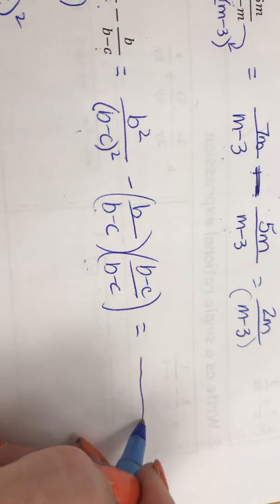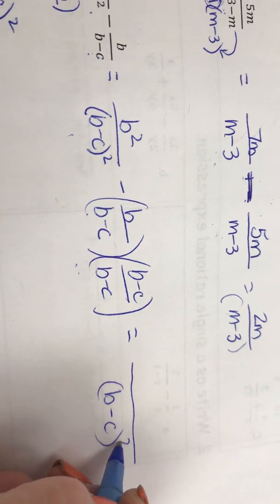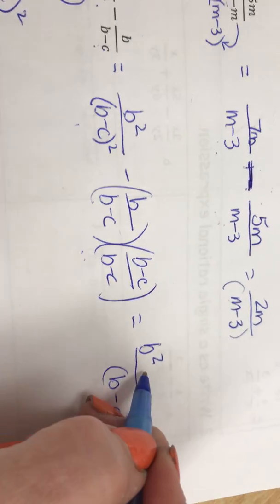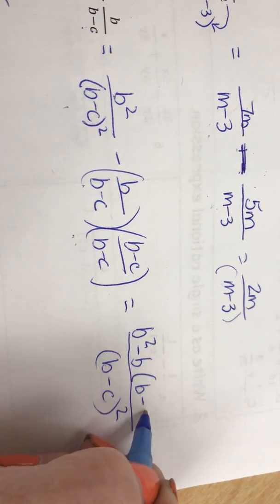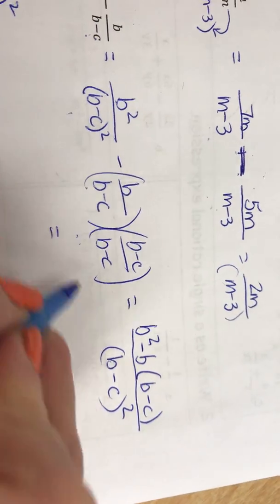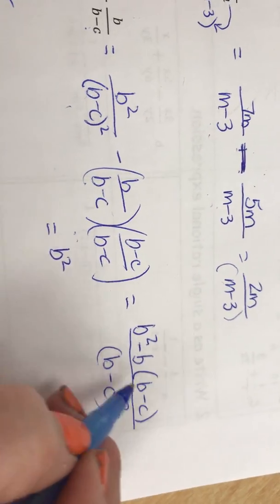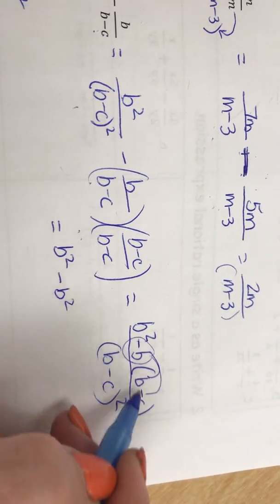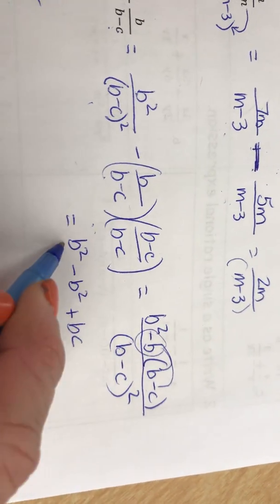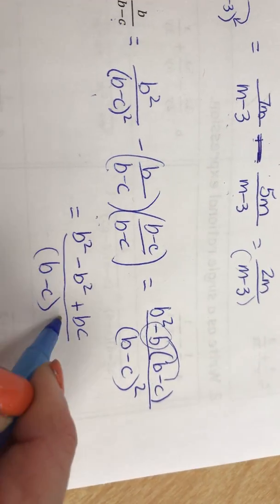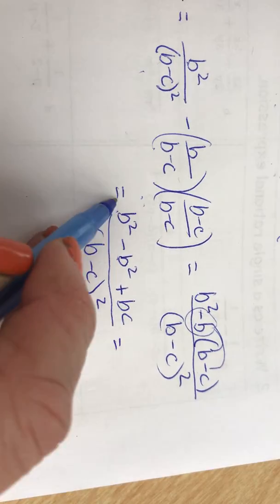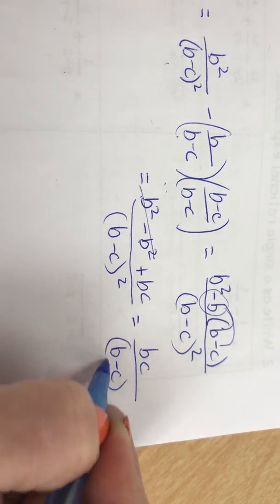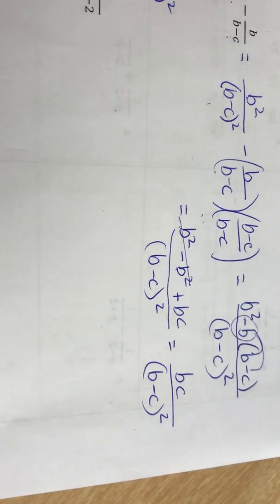So now I have b minus c squared, and my numerator is b squared minus b times b minus c. So distribute that through. B squared minus b squared when I multiply. And then when I multiply again, it becomes plus bc all over b minus c squared. This cancels, and I get bc over b minus c squared, or b minus c times b minus c.